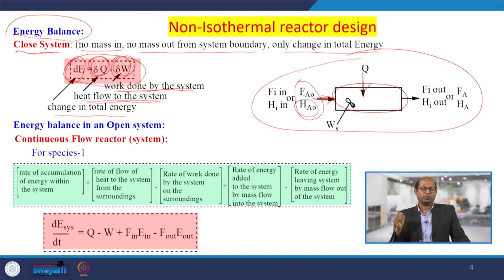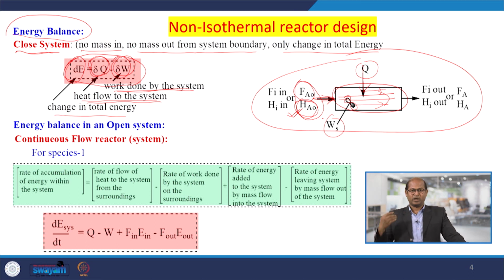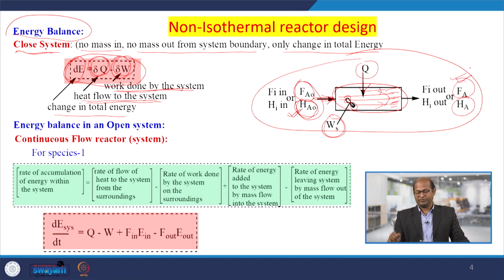With that, the component present inside the flow line has some energy, that is in terms of the enthalpy H_A0, which we can express for F_A0. Here the reactant is passing through this reactor, reactions will take place and Q amount of energy we are supplying, and here W_S is the amount of work done by the system. After reaction the product mixture comes out from the system, the molar flow rate is F_A, and with that some amount of energy remains, that is the enthalpy of component A at the outlet, at point 2, and this is point 1.